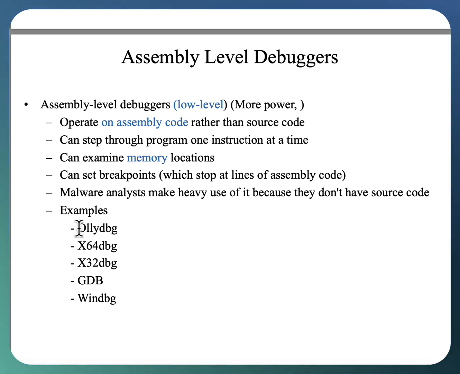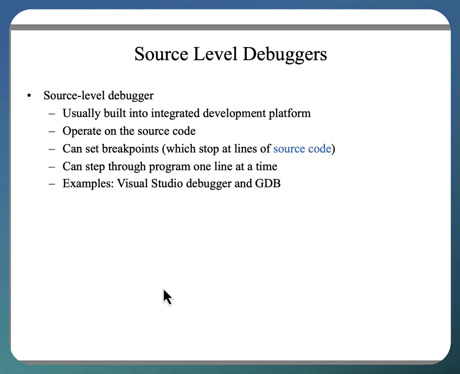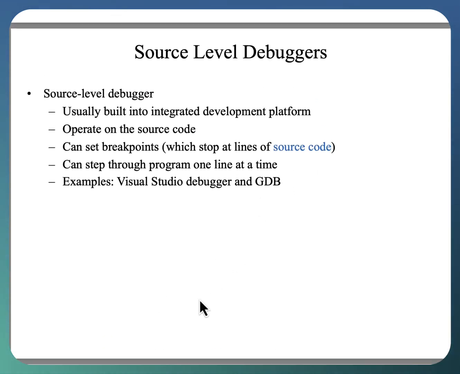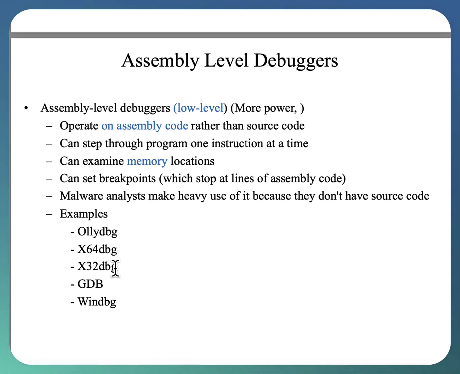Some examples of assembly level debuggers are OllyDbg, x64dbg, x32dbg, the GNU Debugger or GDB, as you saw, right? It is a source level debugger, but also an assembly level debugger, and there is also WinDbg.